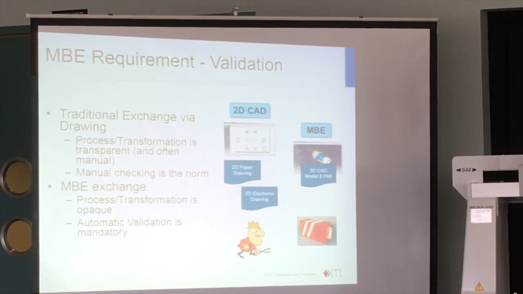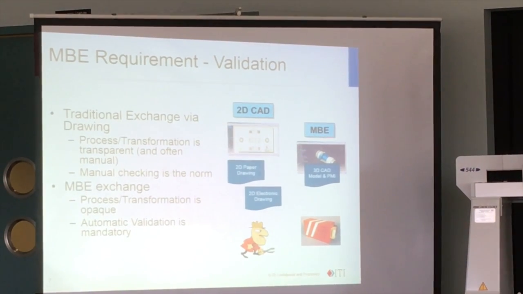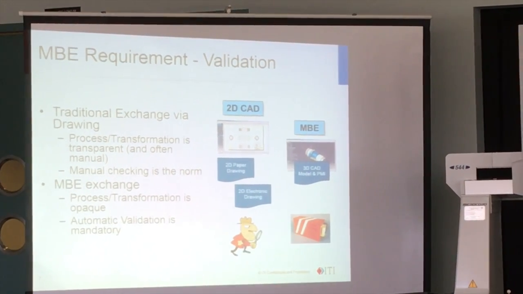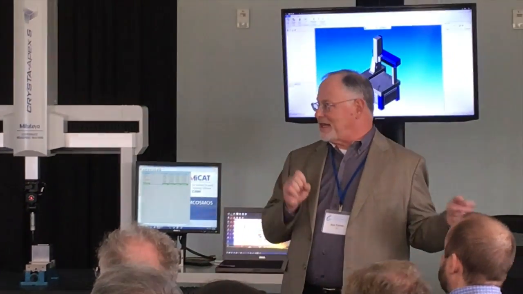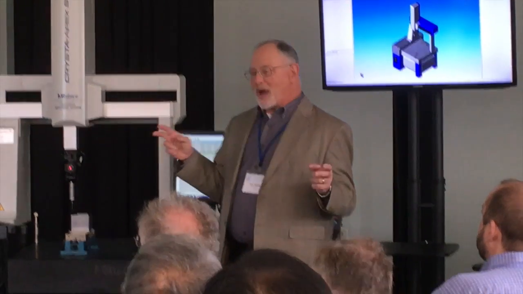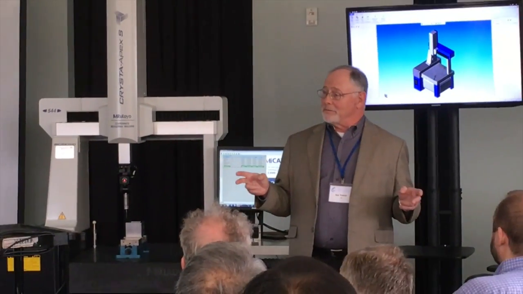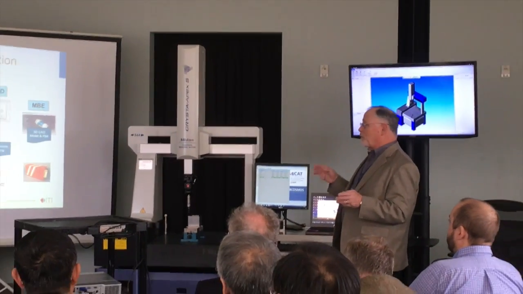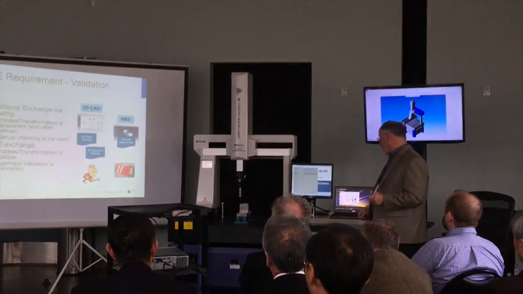Traditional drawing exchange was very transparent. It's a manual checking process, but when we begin talking about MBE and the transformation of the data in the context of a model-based enterprise, the process is not transparent. It's a black box. And because of that, we need to have the notion of automatic validation.